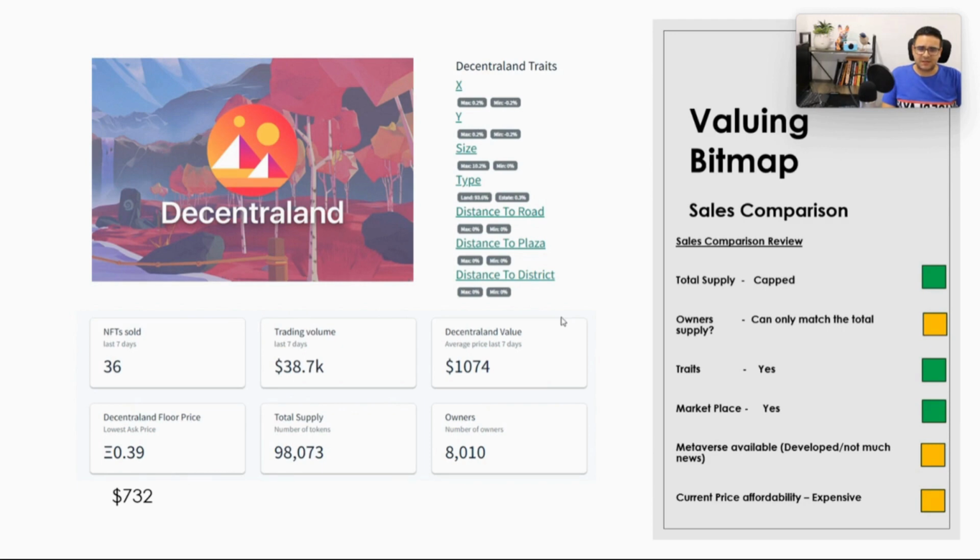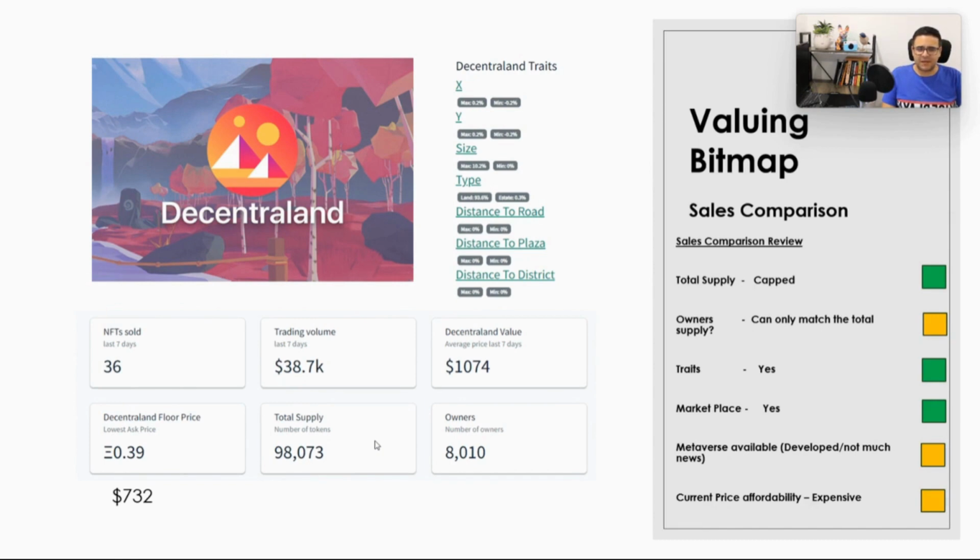I'm taking the total supply of 98,073 as the amount of land, parcels, or districts available in Decentraland for someone to own. Because it's capped, in one way you could look at it from an exclusivity perspective. There must be some value there.